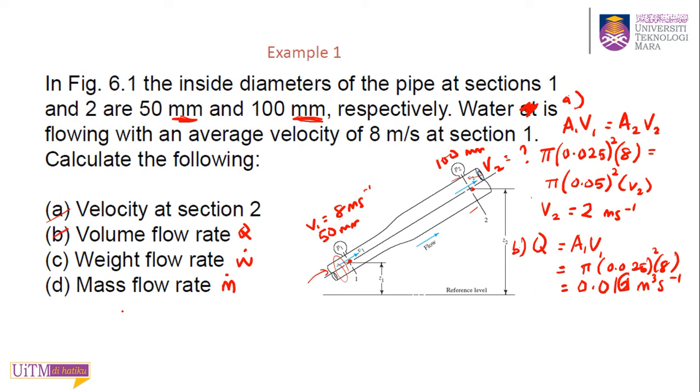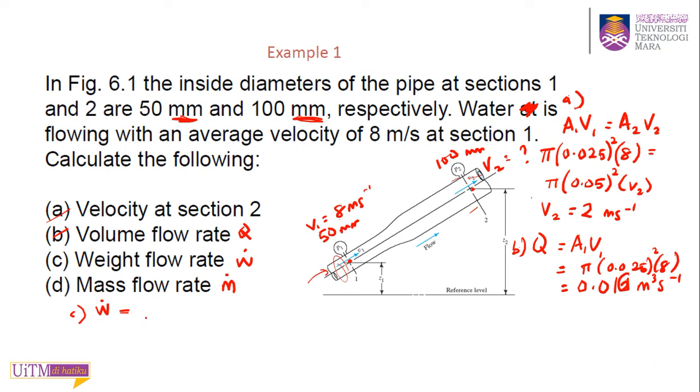So now C, the weight flow rate. Okay, there's no space there. How can you find your weight flow rate? What is the equation for weight flow rate?